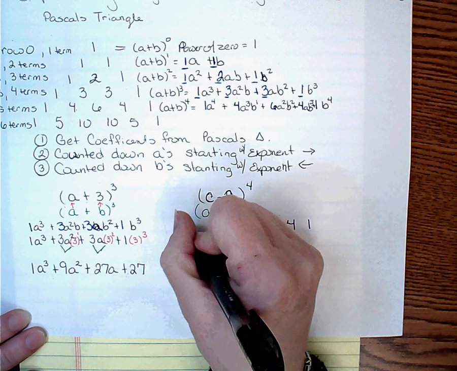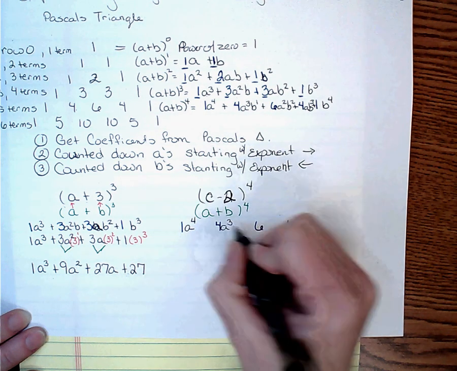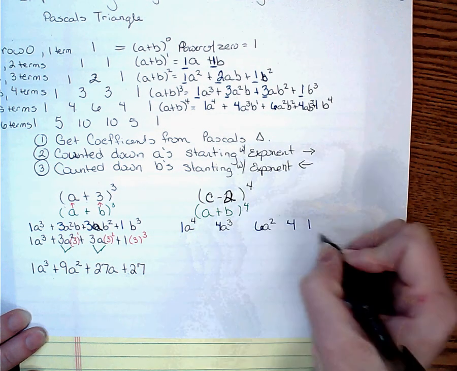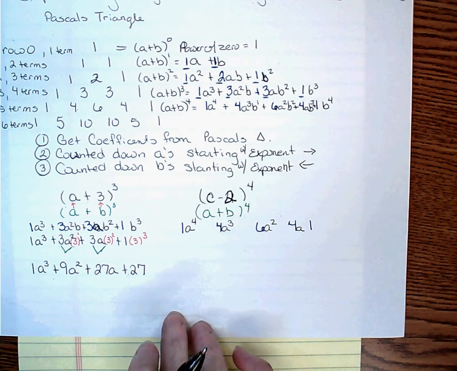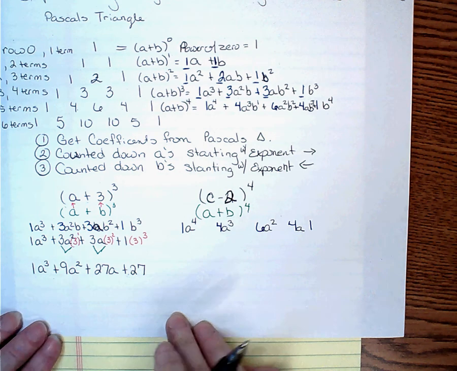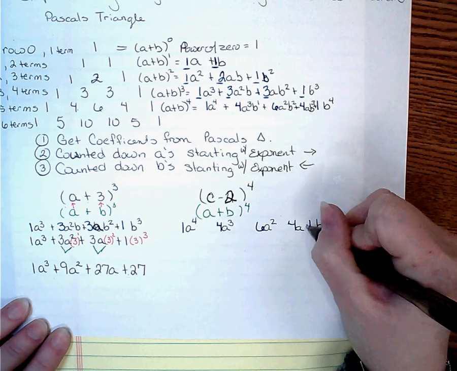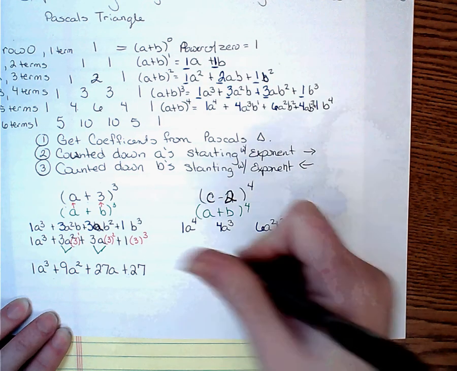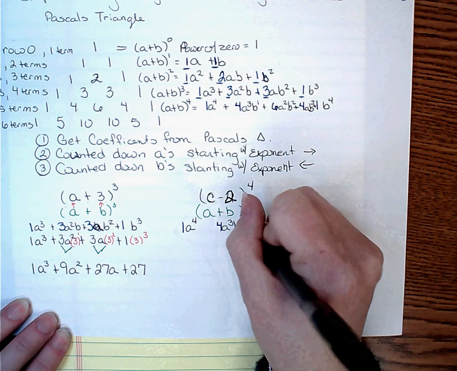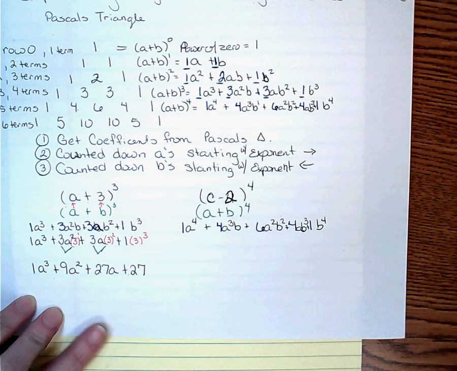So this should be a to the fourth because of the exponent, a to the third, a squared, a. Then I'm going to work with my b's and go down with my b's. So this is b to the fourth plus b to the third, b squared, and b. So everything's got a plus sign in between it at the moment.